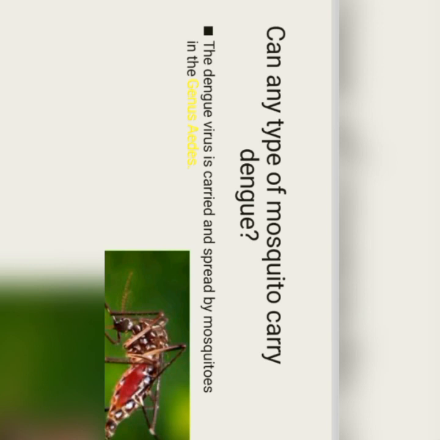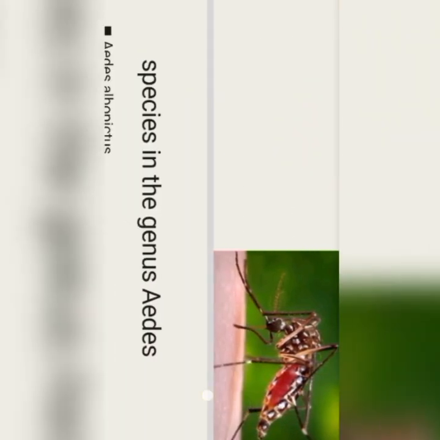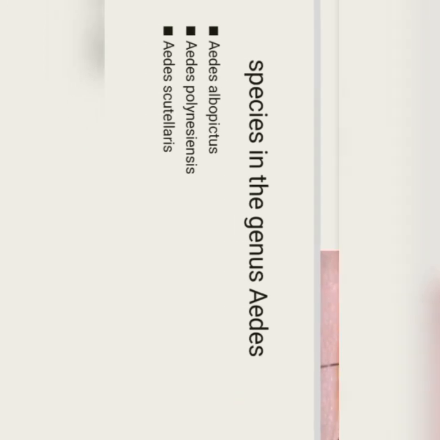The dengue virus is carried and spread by mosquitoes in the genus Aedes. Species in the genus Aedes: Aedes albopictus, Aedes polynesiensis, Aedes scutellaris.